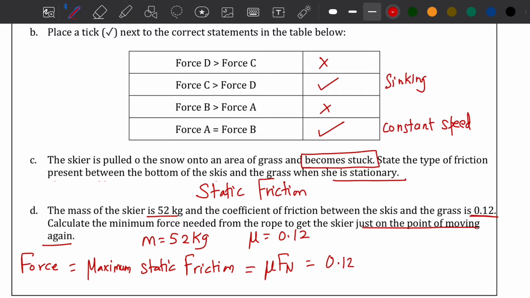Mu is given as 0.12. Fn in this case is mg because he is not sinking anymore. So 52 multiplied by 9.8, I'm just replacing it here. If you calculate this, it will come out as 61.1 Newton. So at least this much force has to be applied on the skier so that he can come out of the grass and is about to move.